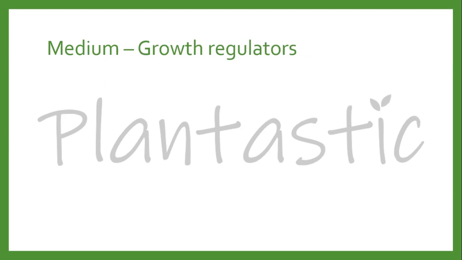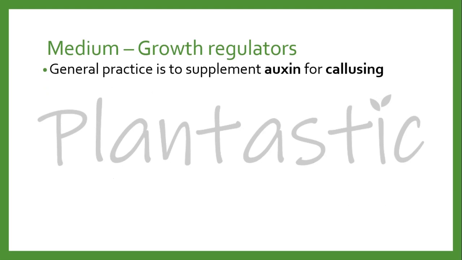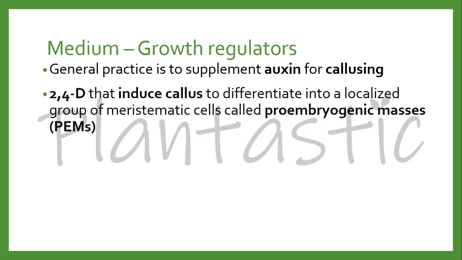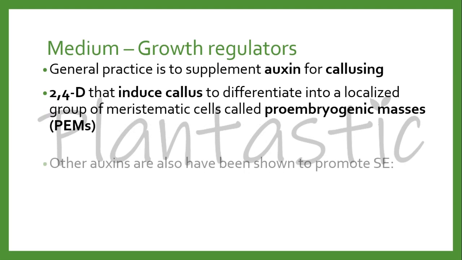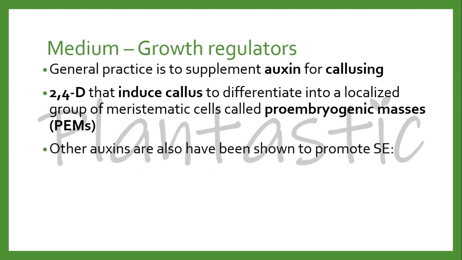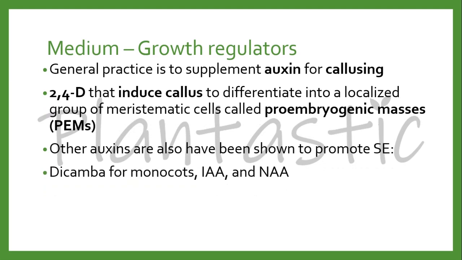In somatic embryogenesis, the general practice is to supplement auxin for callusing, which is 2,4-D, that induces the callus to differentiate into localized groups of meristematic cells called pro-embryogenic masses. Other auxins have also been shown to promote somatic embryogenesis, for example, dicamba for monocots, IAA and NAA.